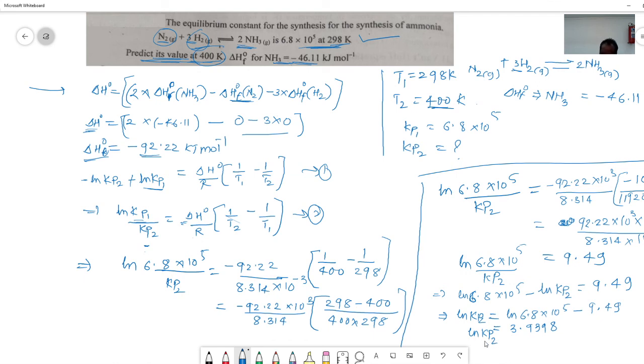Therefore, to remove the ln, we have to take the exponent of both sides, so Kp2 is equal to 51.41. We can easily calculate this.